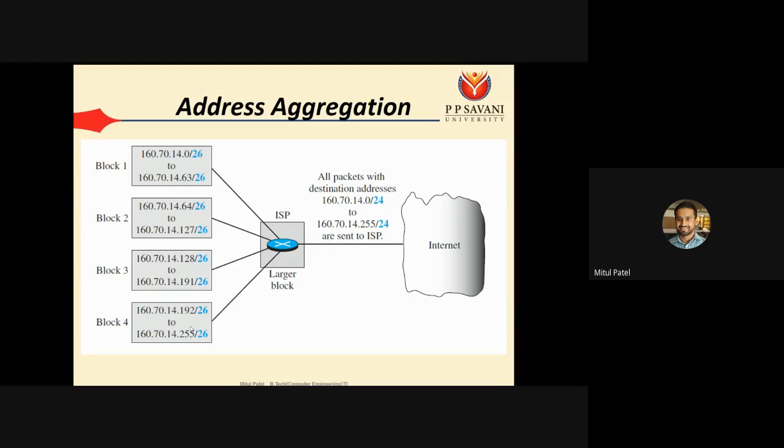Another option is DHCP. Okay, DHCP is not in our syllabus, but we will see some discussion about DHCP, the Dynamic Host Configuration Protocol. Using DHCP, you don't need to configure every machine manually.